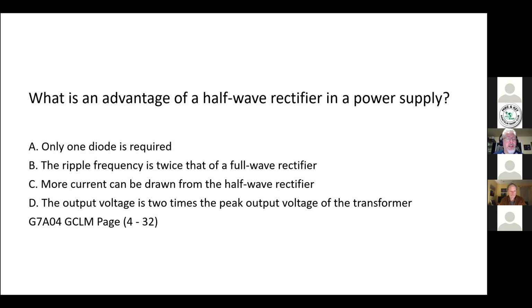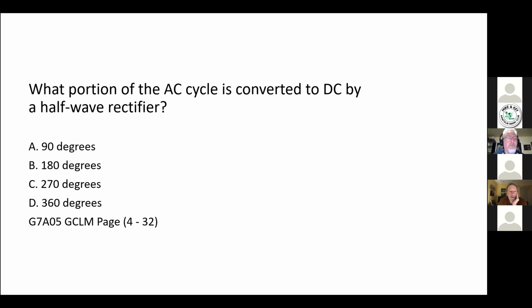Or D, the output voltage is 2 times the peak output voltage of the transformer. Alpha is correct. Only one diode is required in a half wave rectifier power supply. That's the only advantage. Yeah, you get lots of ripple though.